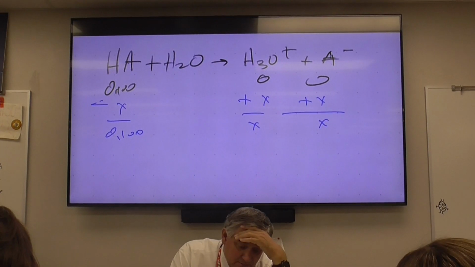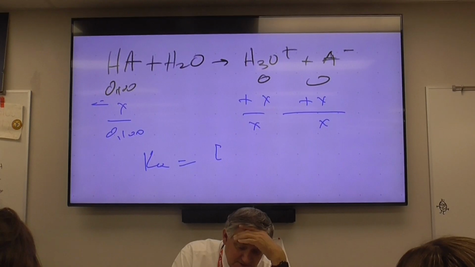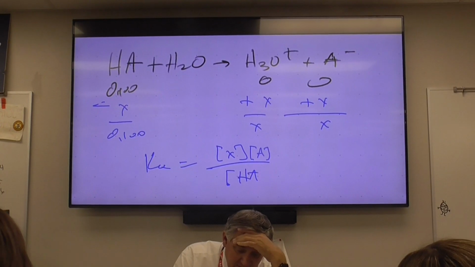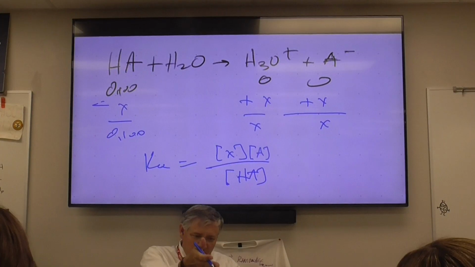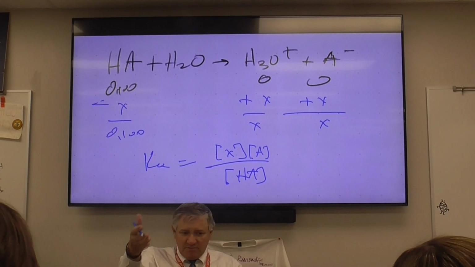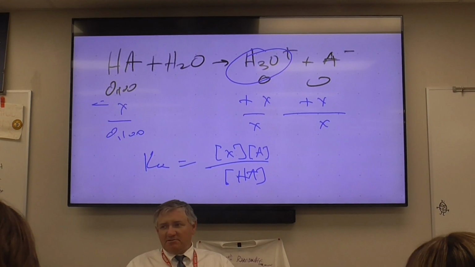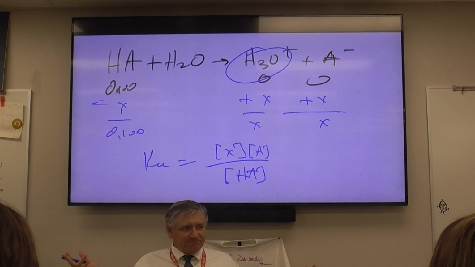So then Ka equals the hydronium ion concentration times the anion concentration divided by whatever the concentration of the acid is. There you go. So you're going to have a problem like this. I'm going to give you the Ka value. When you find X, you're finding the hydronium ion concentration. You take the negative log of that. Boom, there's your pH.